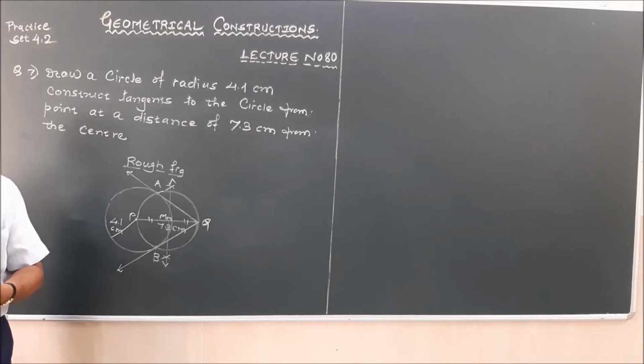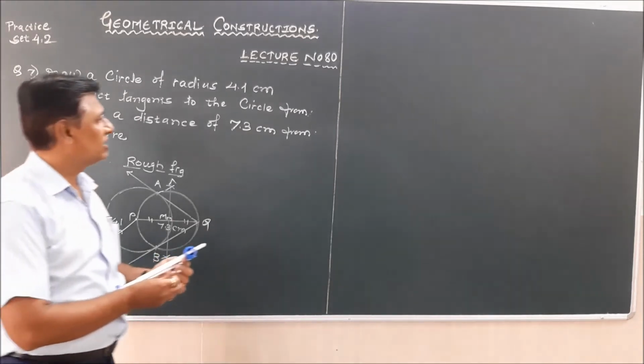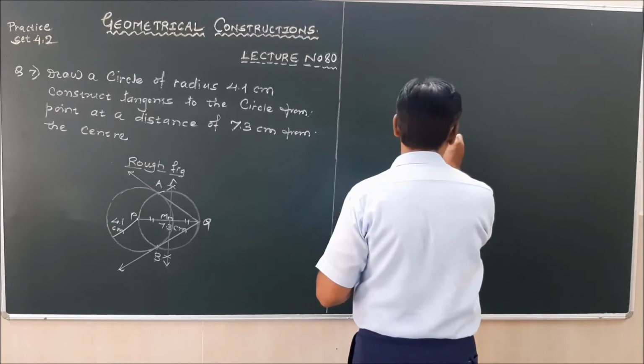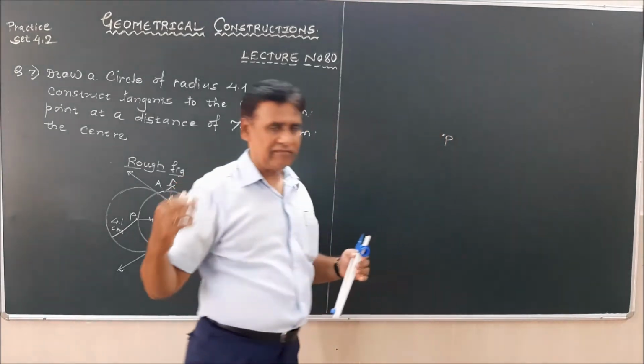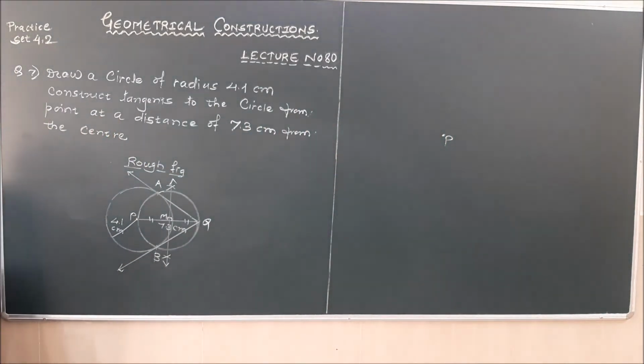First, let's draw a circle of radius 4.1. So take P as we have shown in the rough sketch.